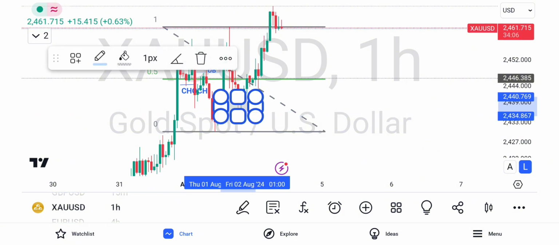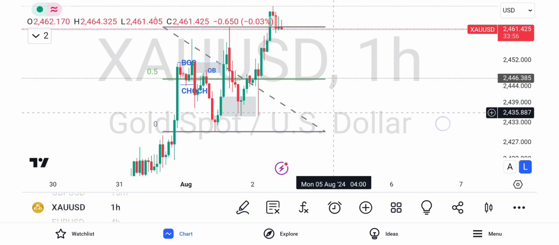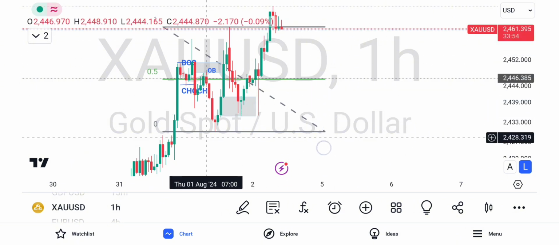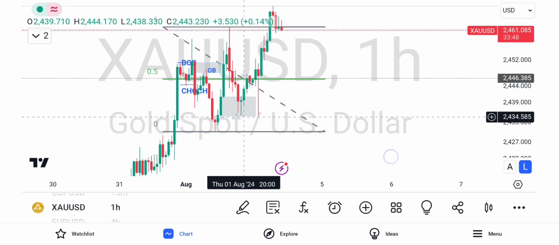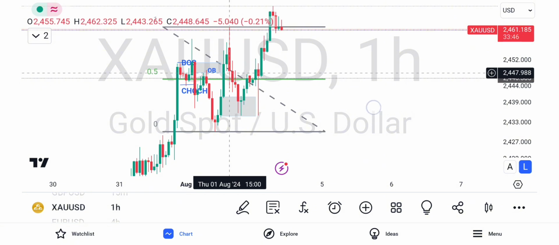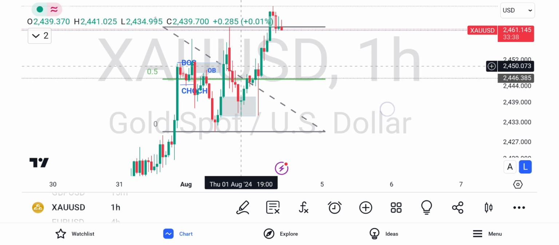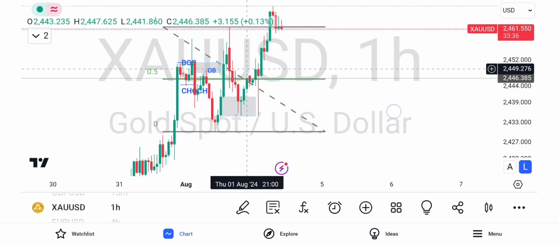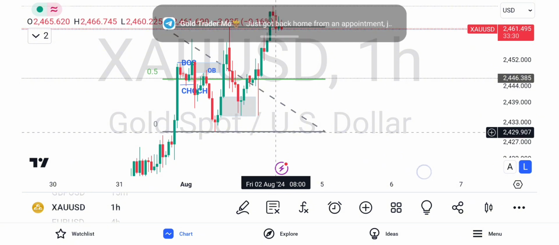Remember that I told you that if you draw your impulsive move or your Fibonacci tool and price retraced back into discount, that we should wait for price to come back to an order block here, okay, before we sell.